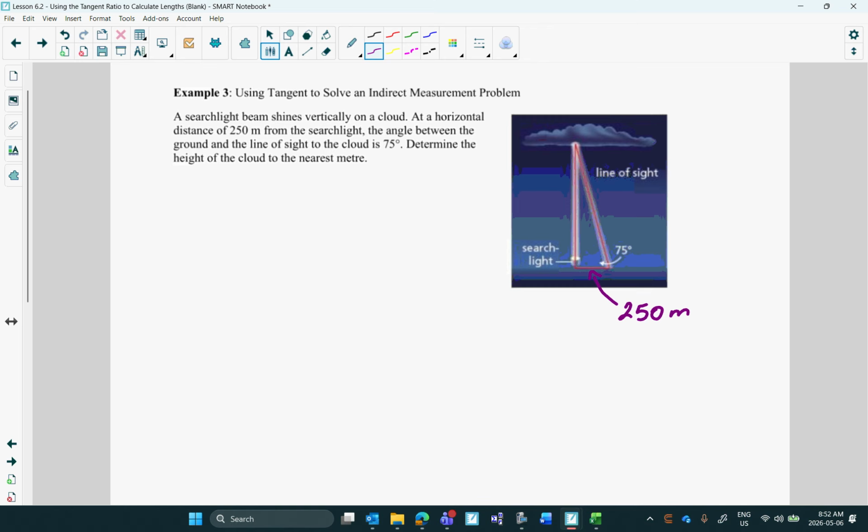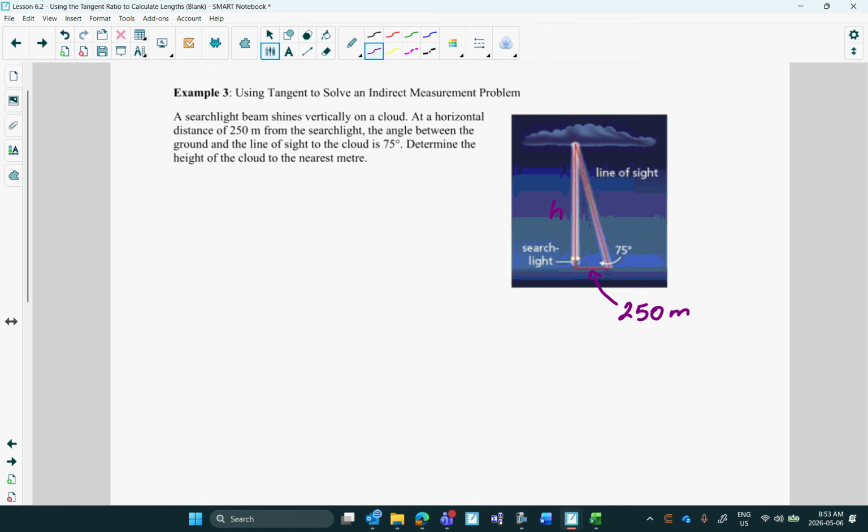The angle formed between the ground and the line of sight to the cloud is 75 degrees. That's on your diagram. We have to find the height of the cloud. What side am I finding? This one or this one? Which one represents the height? This one?